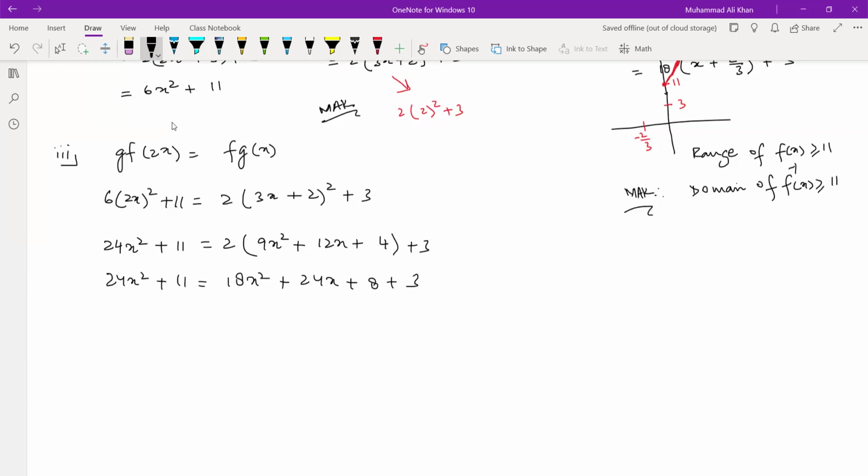Now 24 minus 18, 6x squared minus 24x, 11 minus 8, 9, 10, 11. It is 0, 6x common. So it will be x minus 4 equal to 0. What are the two values of x? 0 and 4. These are the two values of x. Are you clear?